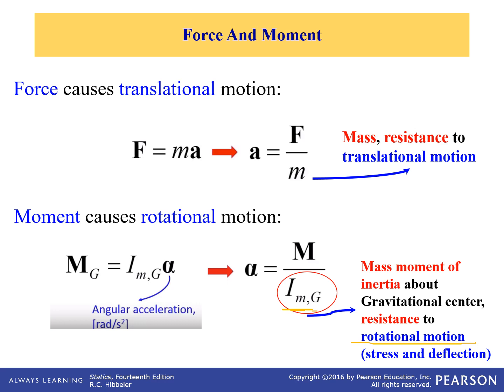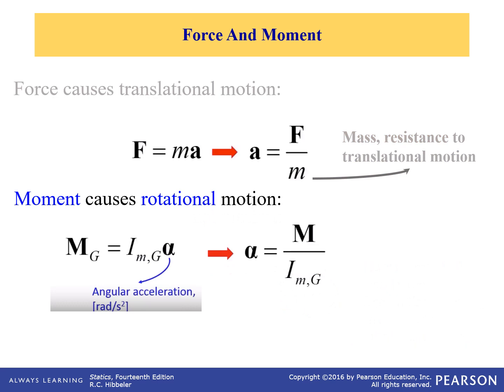But oftentimes you will see this I term, the moment of inertia, without the subscript. Just like moment is always calculated about a point or about an axis, the moment of inertia is always calculated about an axis.